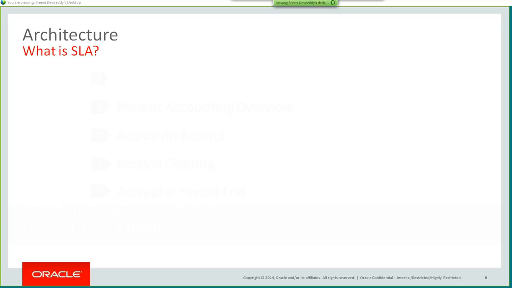Typically, that's how it used to work previously when there were no computers. But now, the same job is done by subledger accounting engine, SLA. So the subledger accounting engine looks at all the transactions and does the accounting for those transactions.